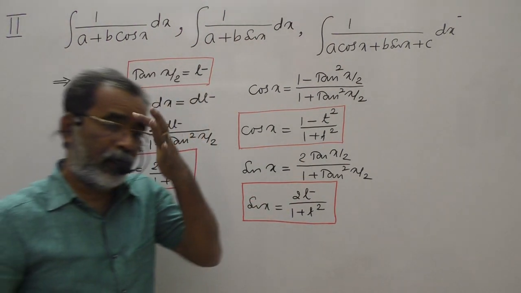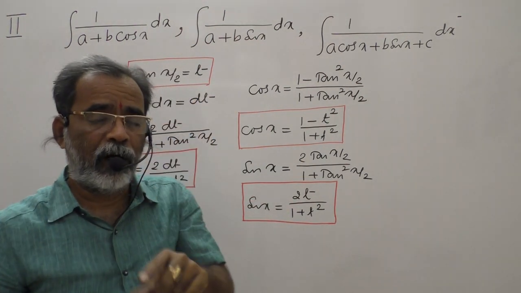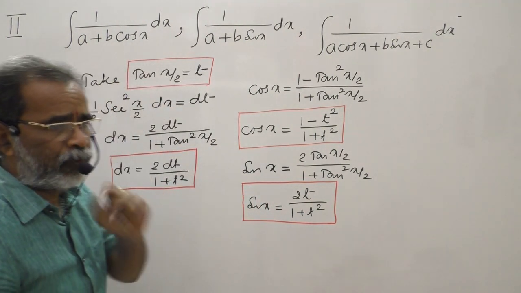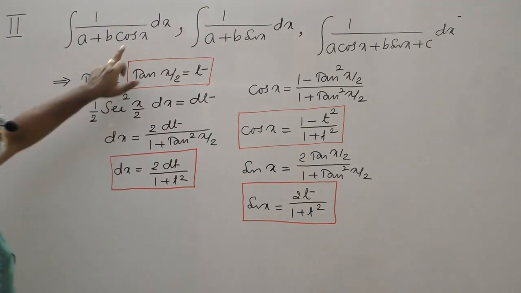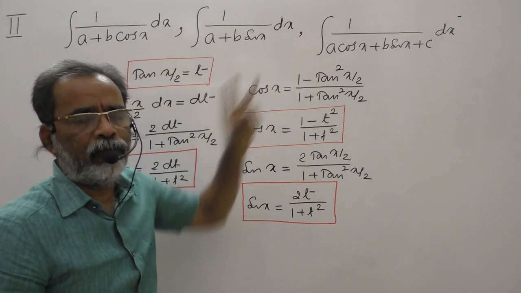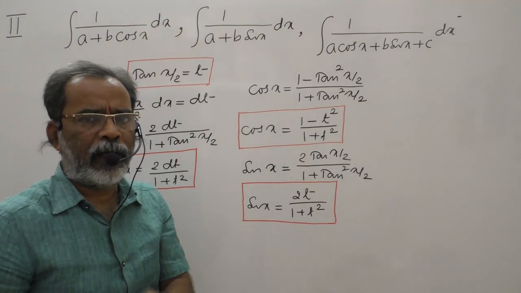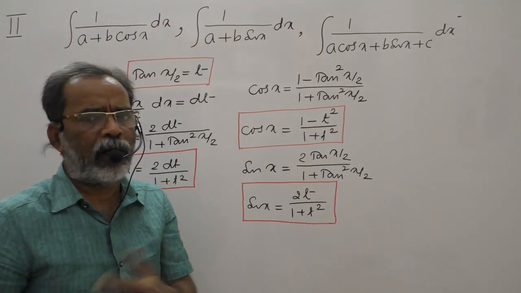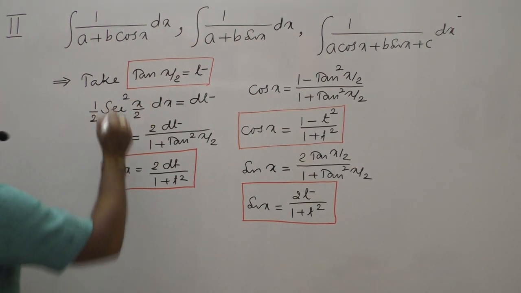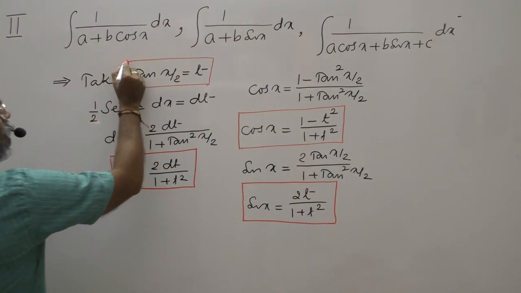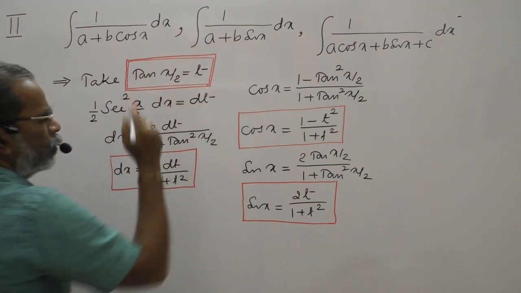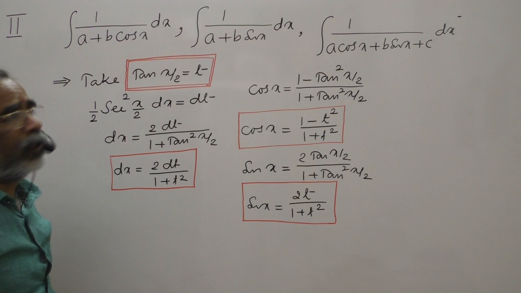Yes. This is the integration of rational trigonometric functions, type 2, the second type. If the given integrals are of this form, in terms of sine and cos, with either one, this is the substitution: tan x by 2 equal to t. Substitution means change of variables.